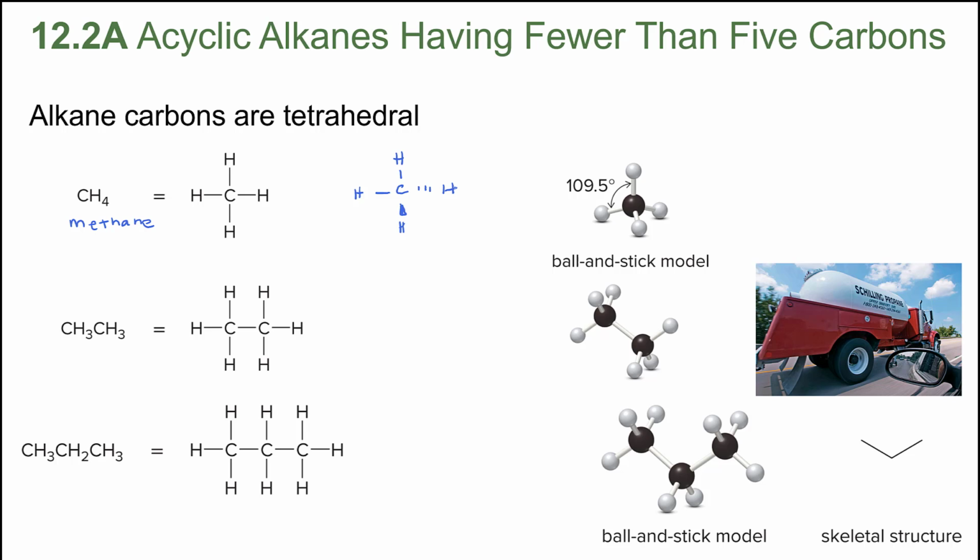We have ethane next, which has 2 carbons. And this can be drawn also in 3D. We have 2 components in the plane, 1 wedged, 1 dashed. And then we have propane, which is 3 carbons.